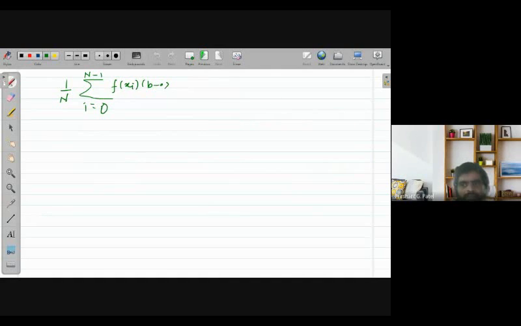And this is known as the basic estimator, where xi, these are the points which lie in between a and b.